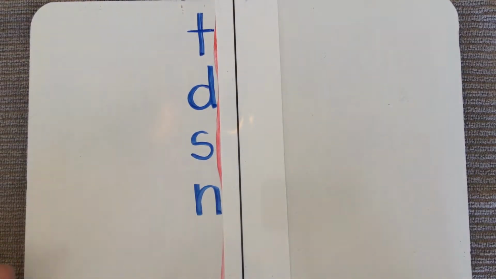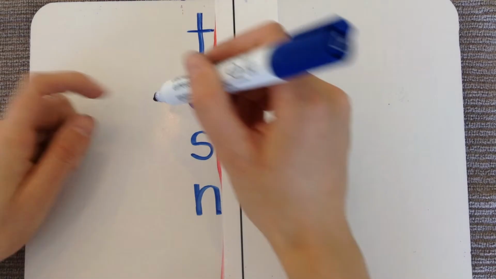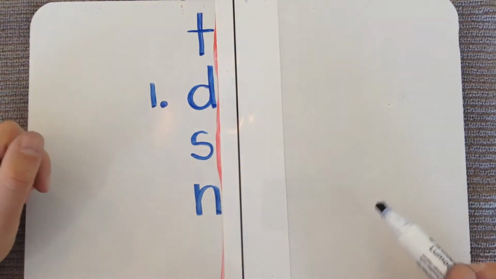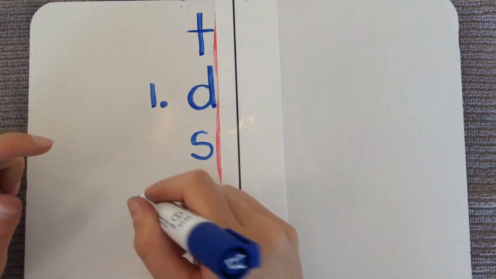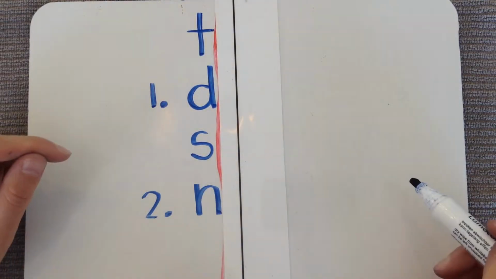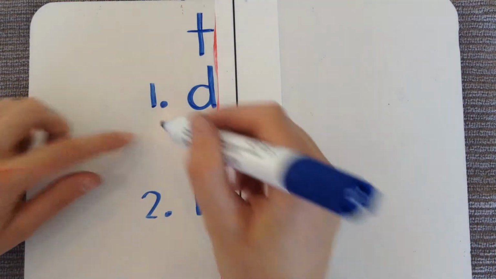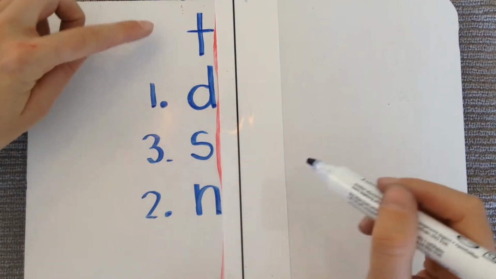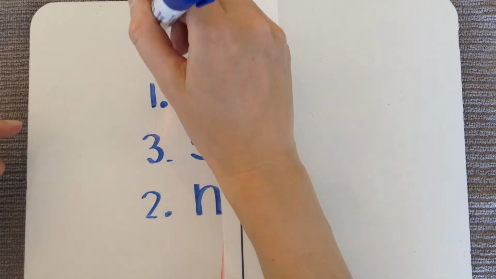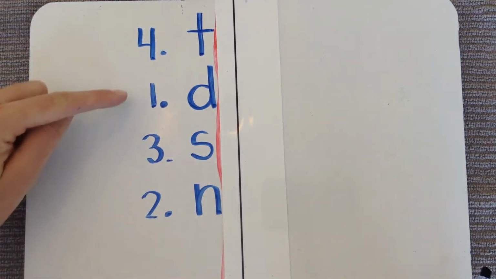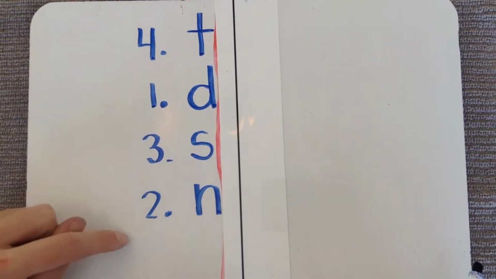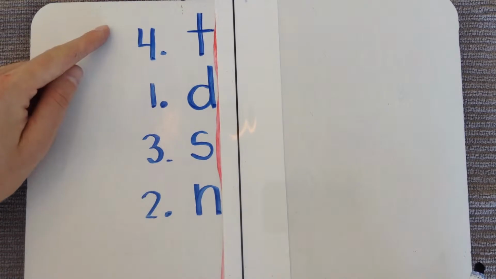A, B, C, D, E, F, G, H, I, J, K, L, M, N, O, P, Q, R, S, T. This is the order that the letters come in when I sing the ABC song. The first one I came across was D, then N, then S, and last T.